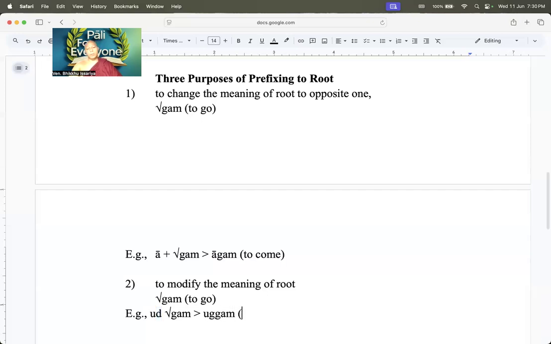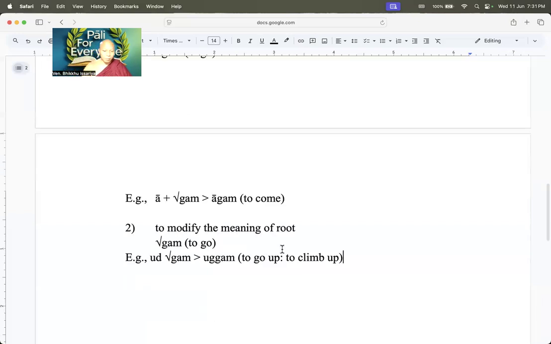The meaning of uggam is to go up, or to climb up, or to ascend. Actually it is just going, but not going down, not going forward, not going back, just going up. It modifies, you see. So in this way.